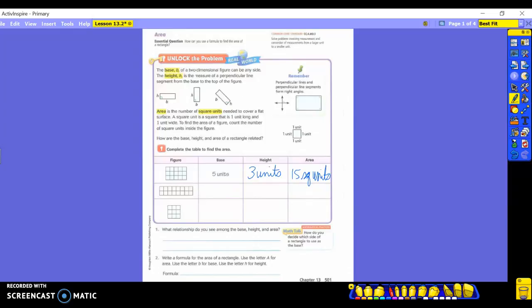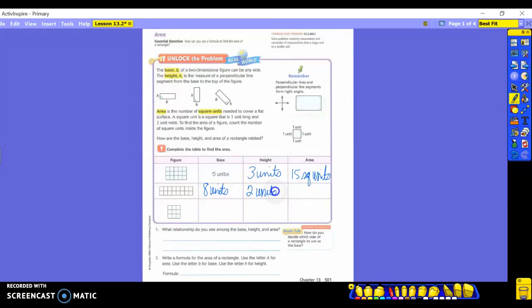Okay? All right, let's take a look at this next one. What would the base be? Ian? Okay. Does it just have to be in units, or could it be the other one? Could I use 2 as my base? Yep. He said he wants to use 8, so we're going to use 8. So that makes my height what? 2.